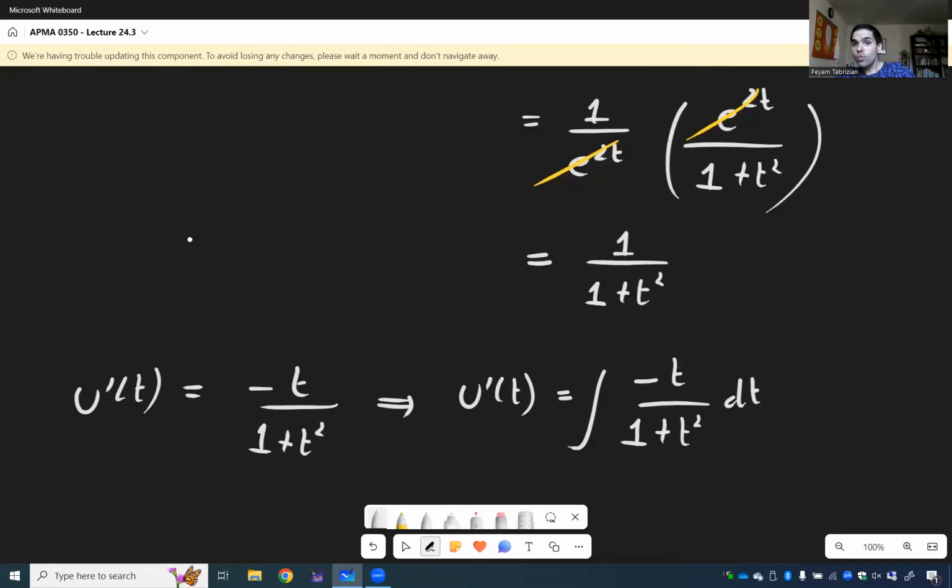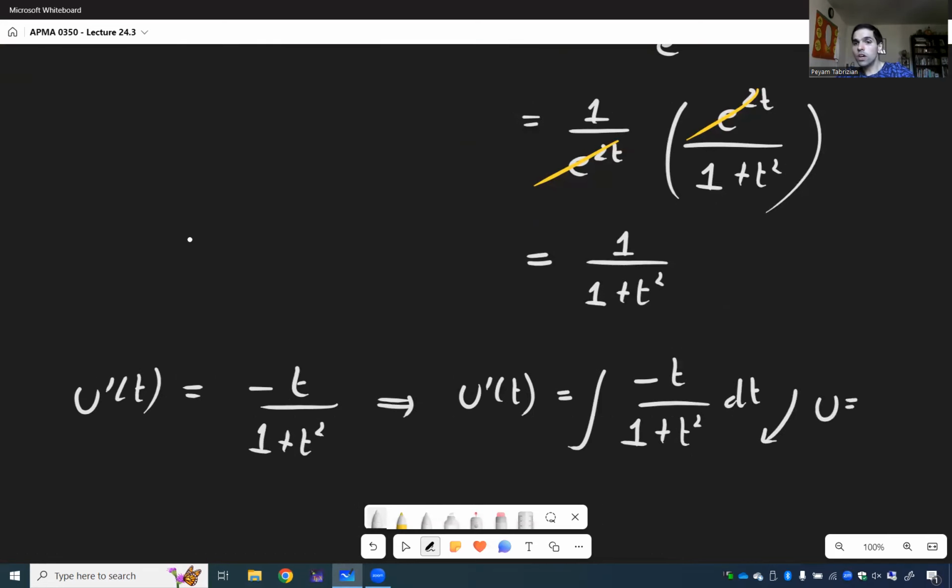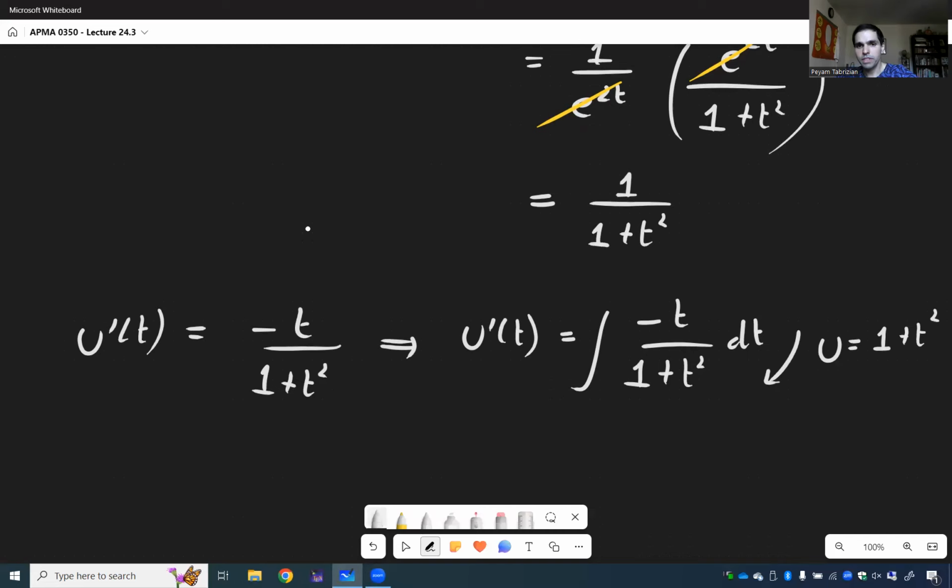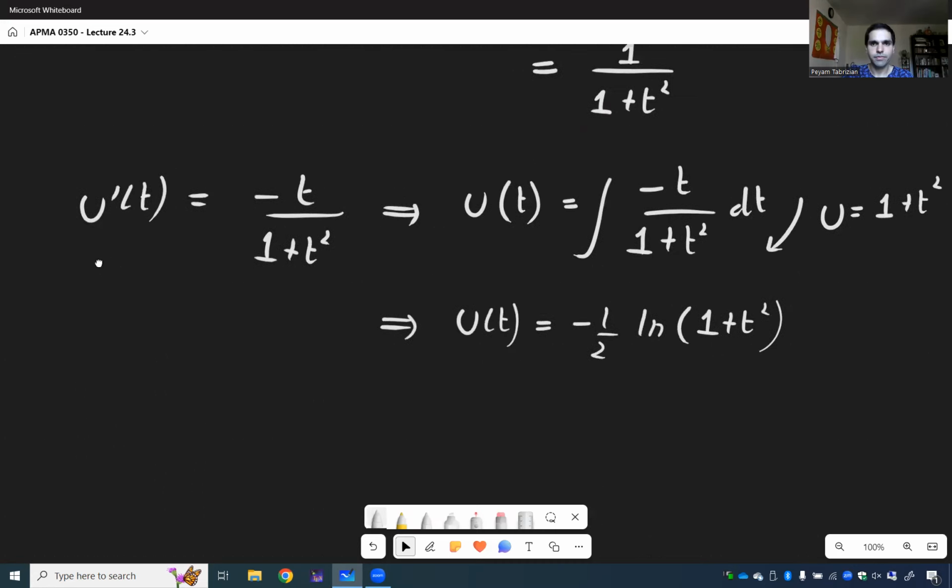And for this, if you wish, you can use a u sub, where u is 1 plus t squared. Again, you can use a u sub, and then you get u of t is minus 1/2 ln of 1 plus t squared. No absolute values because the stuff inside is positive anyway.